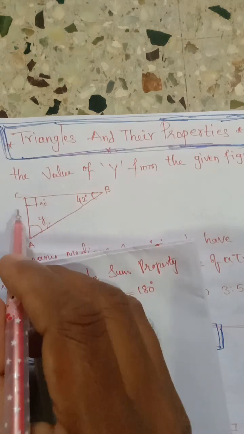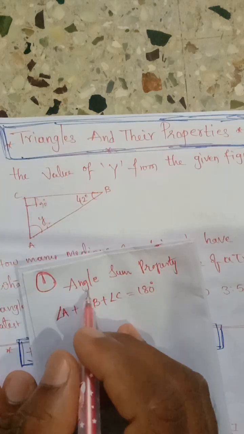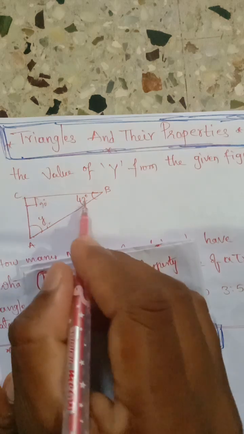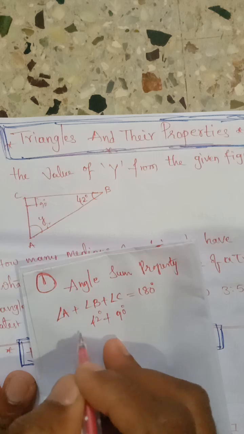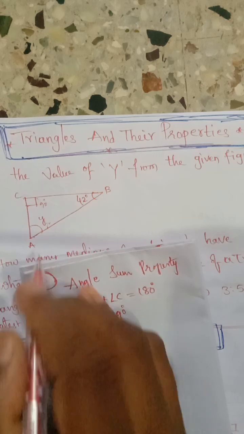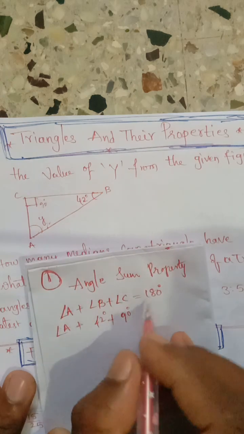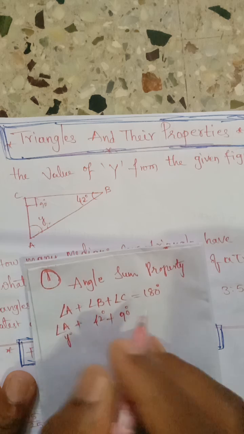Here angle C equals 90 degrees, angle B equals 42 degrees, and we need to find angle A, which is the angle y.